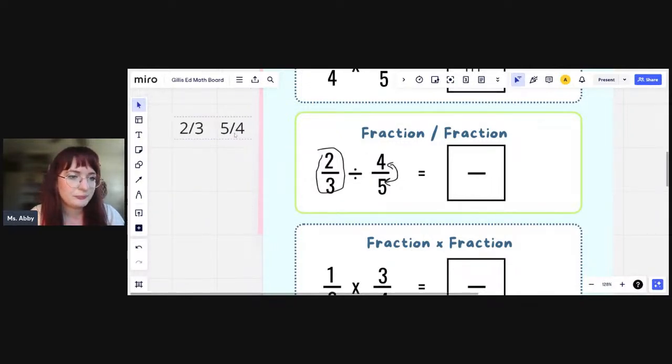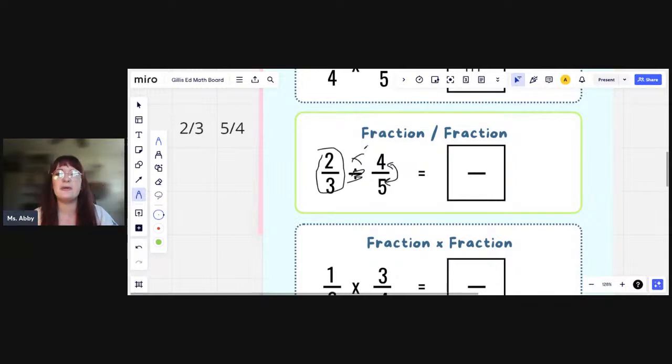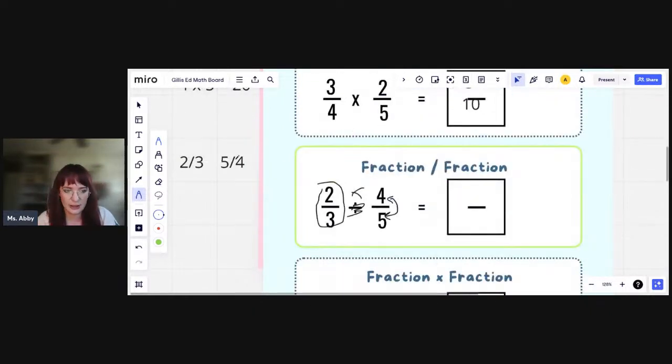So instead of having this division symbol, we're going to cross that out and we're going to make it a multiplication symbol. And then you're going to follow the same steps that you did in this top problem. So it's now 2/3 times 5/4.